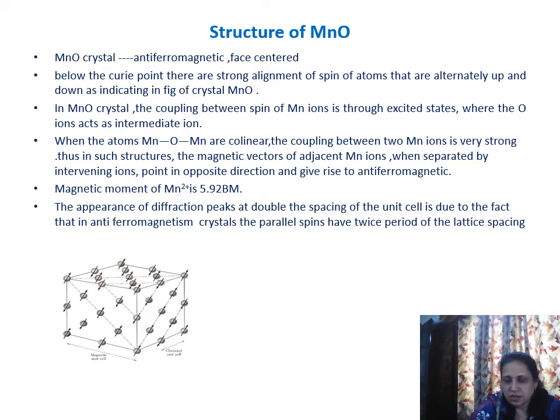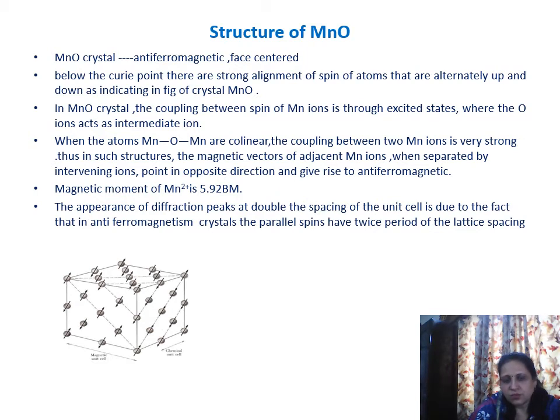Thus, in such structures, the magnetic vectors of adjacent manganese ions, when separated by intervening ions, point in the opposite direction and give rise to antiferromagnetism.